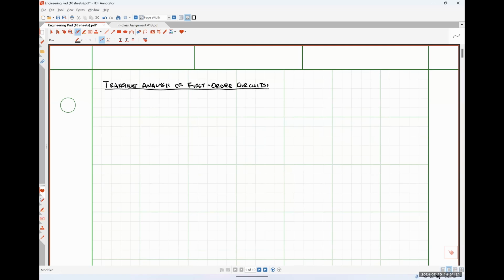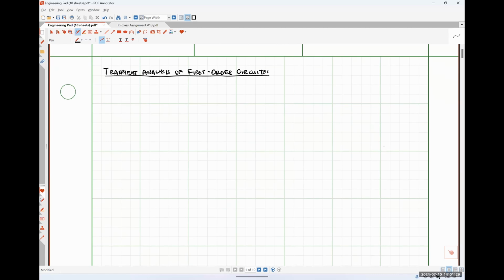I'm going to try to teach this a little bit differently than I normally do, so bear with me. But I want you guys to consider a simple circuit, okay? So let's say that we had a circuit like this where we have some DC voltage, and then here we have a switch.